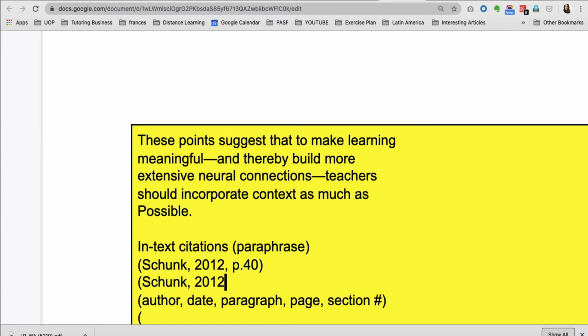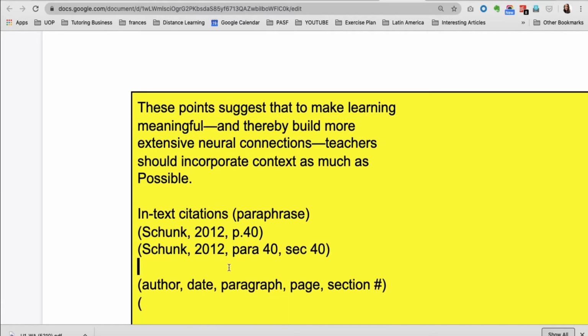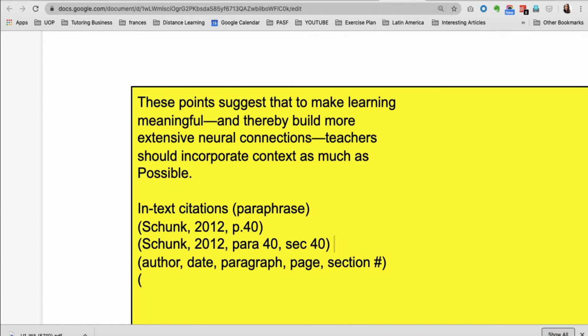It would be Shunk 2012 para 40. If you want to do a section, it would be section 40. Okay, so that's how you would do that. Again, this is just for paraphrase in-text citations. It is not for direct quotes.